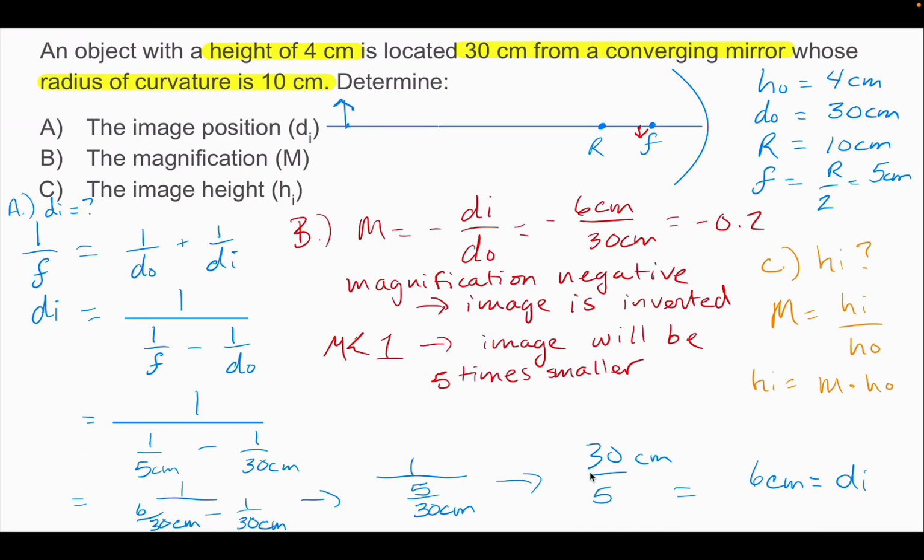Does that make sense? So here, that's going to give us negative 0.2 times 4 centimeters. HI is going to be negative 0.8 centimeters, right? That's the height of the image. Okay, does that make sense?